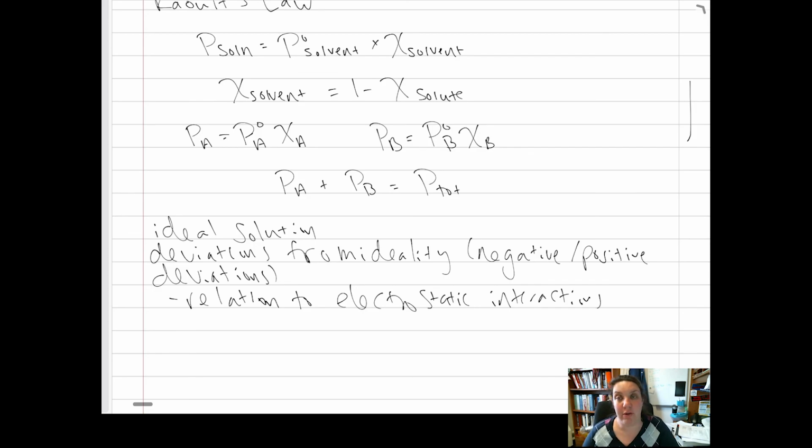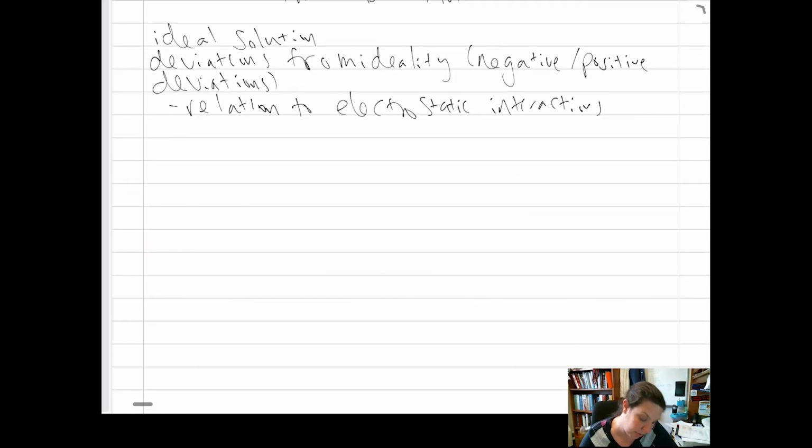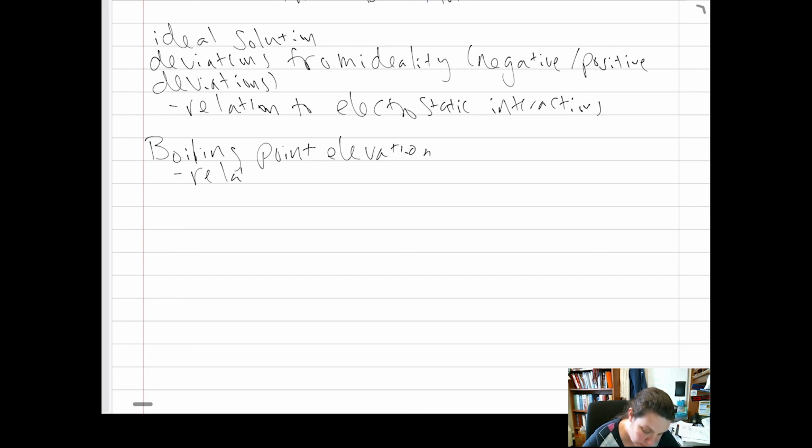You should be able to do boiling point, freezing point calculations. So know what boiling point elevation is, freezing point depression, and how they work. So with your boiling point elevation, this is related to vapor pressure lowering.